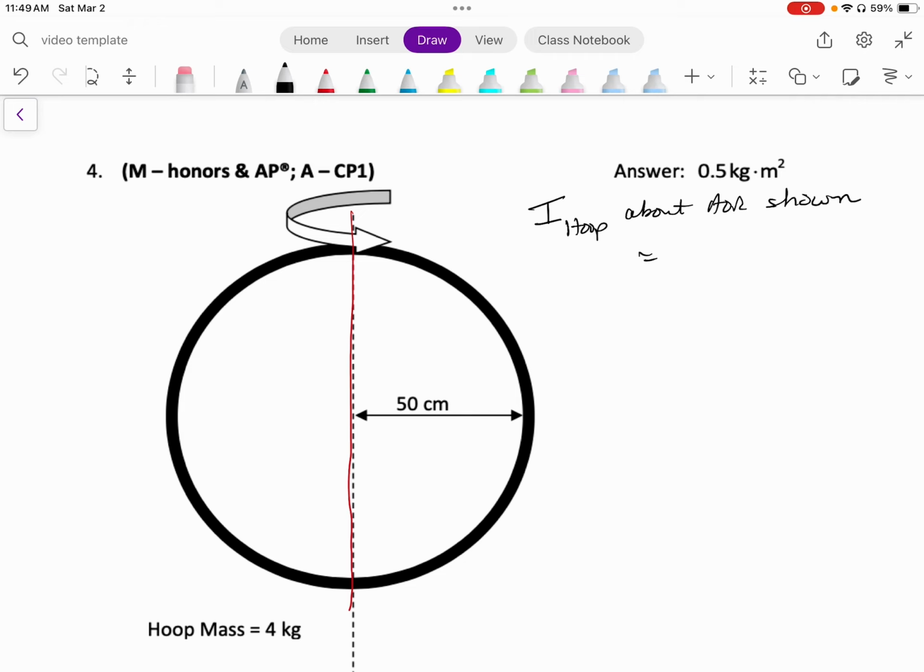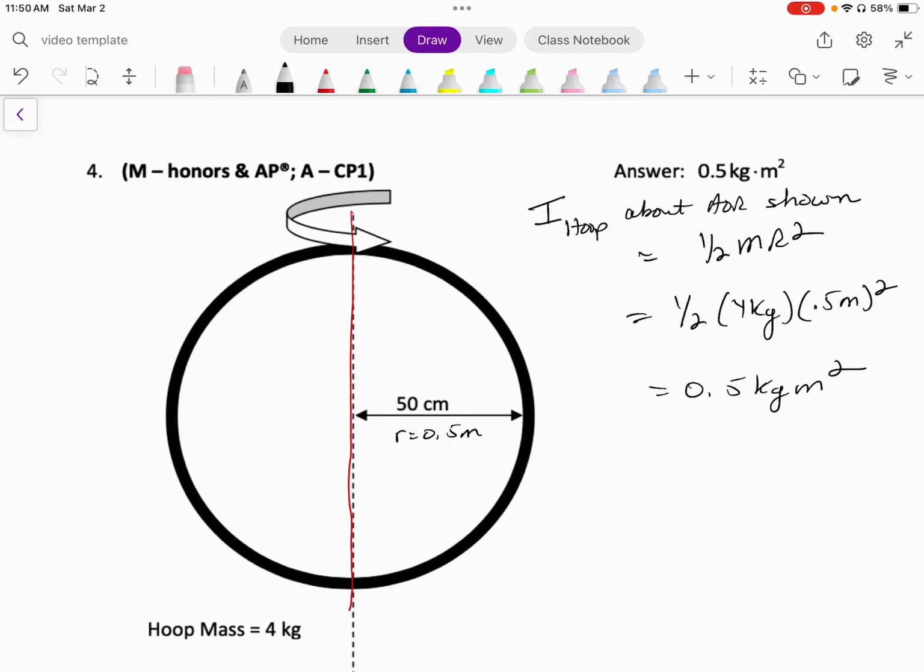It is actually 1/2 mr squared, which is similar to a solid disk, but this is a hoop, and it's rotating about a different axis. So it is equal to 1/2 the mass, which is 4 kilograms, times 0.5 meters squared, where r equals 0.5 meters, and I will get 0.5 kilogram meters squared.